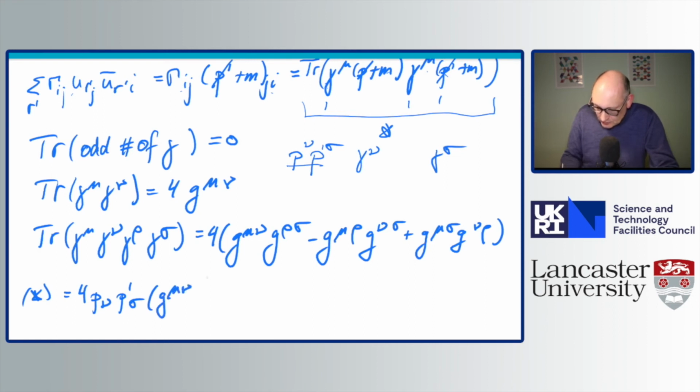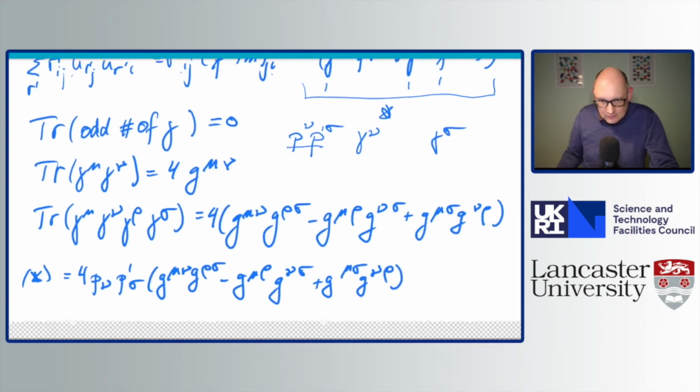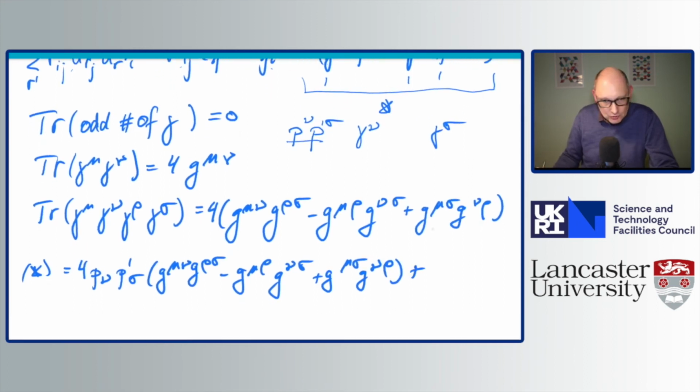G mu nu, g rho sigma, minus g mu rho, g nu sigma, plus g mu sigma, g nu rho, plus the contribution where one has the m's, g mu rho.